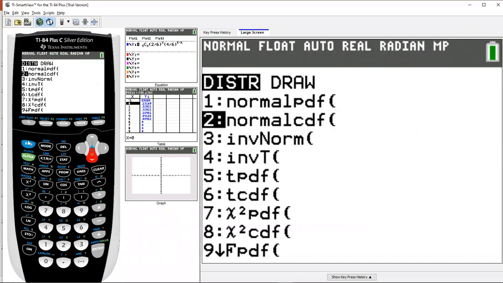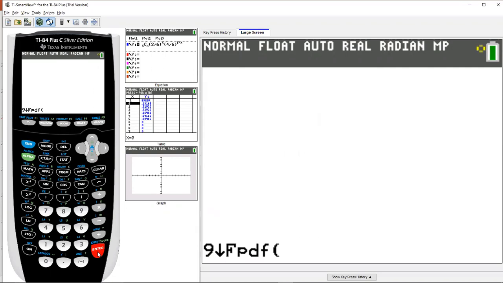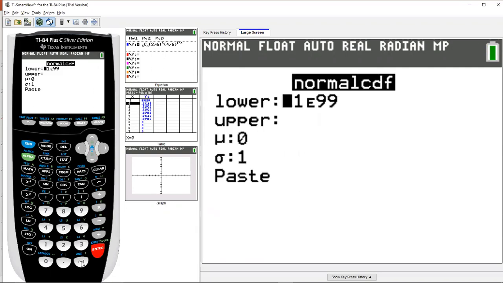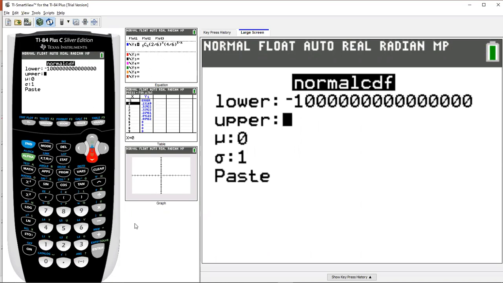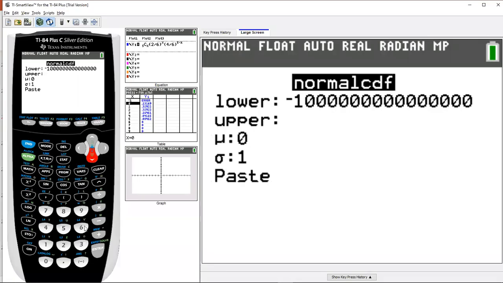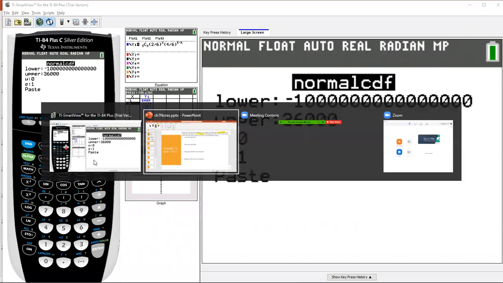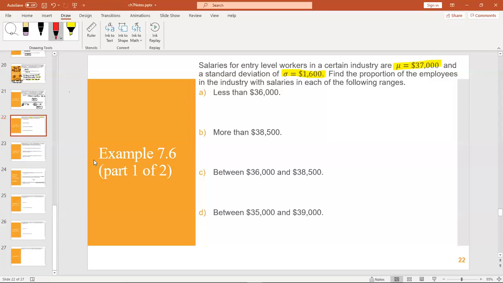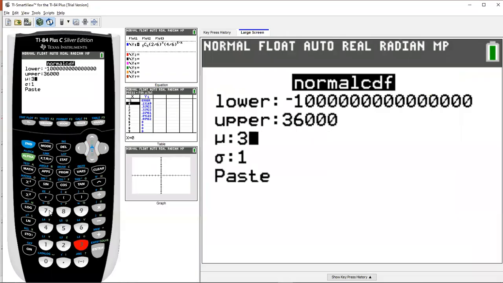So we're going to do second vars, do the normal CDF. We're going to do negative and then just a really, really huge number. The number we are interested in is 36,000. We then put in the mean, which they tell us is 37,000. That's the mu value.